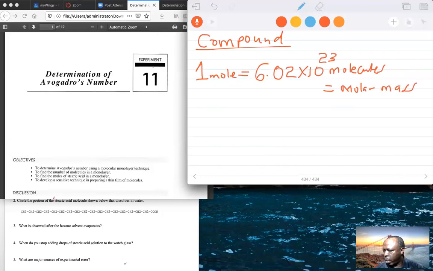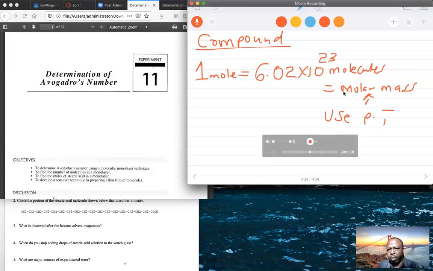You use the periodic table to find the molar mass by finding the sum of the atomic masses of each element in the compound.